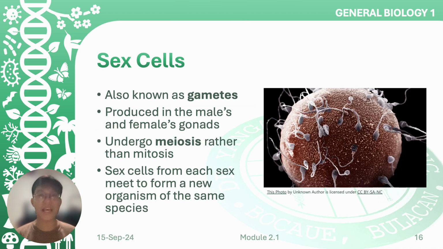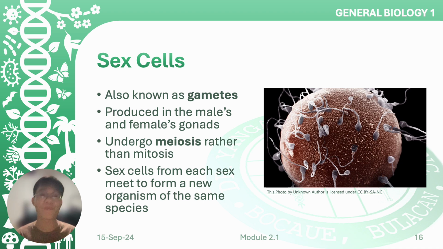And then we have the sex cells, which are also known as gametes. For every biological sex, there is a different form of gametes. Biological males have the sperm cells, and biological females have the egg cells. Sperm cells are relatively smaller than egg cells.